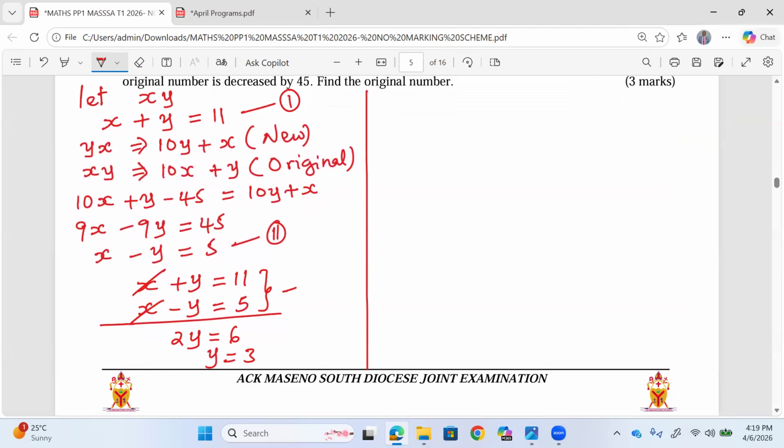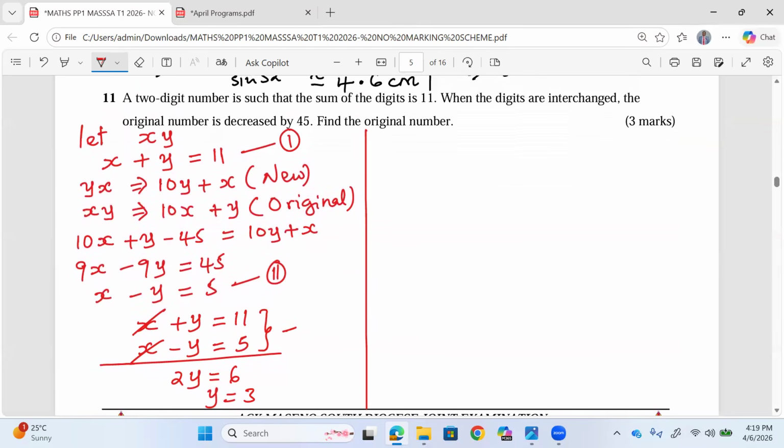Now, if we have the value of y, can we find the value of x? Using equation 1, x plus y should give us 11. So x equals 11 minus 3, we get 8, meaning that the original number, which starts with x, then y, should be 8, then 3.